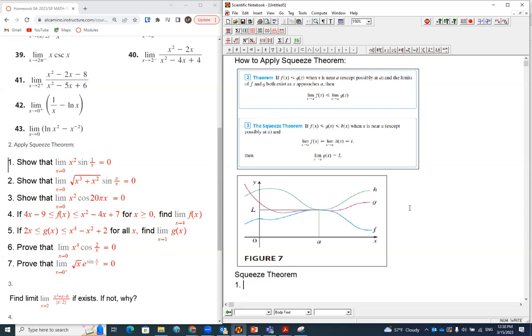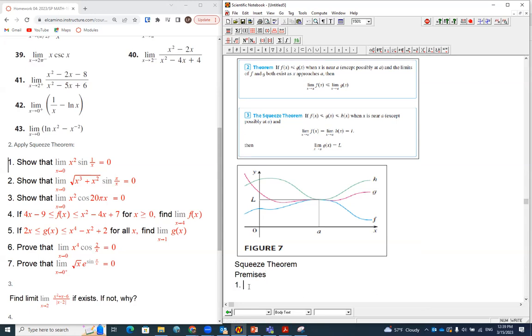So to understand these conditions, you need to identify what the conditions are. So the first one is, right? The premise, okay? There are multiple premises, more than one condition. The first one is f of x less than or equal to g of x less than or equal to h of x.